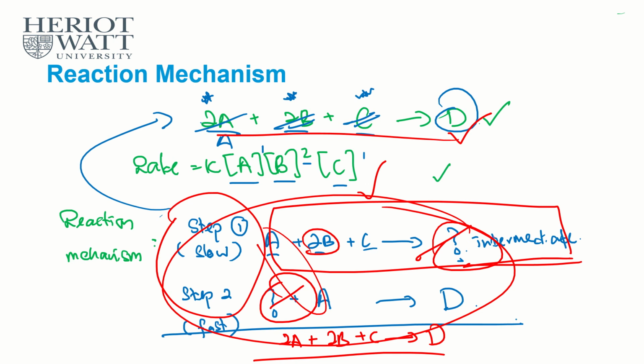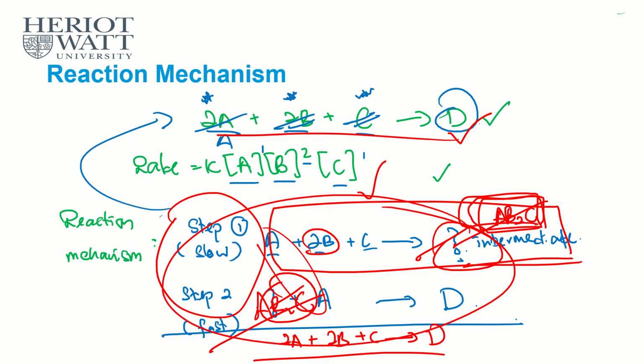Okay? So the intermediate here, I can actually put AB2C. See that? Is it balanced? I have 1A, yes. I have 2B, B2, yes. I have 1C. So you can put it as a chemical compound, AB2C. But as long as the equation is balanced, and then you put AB2C here, they're going to cancel out when you add them up.